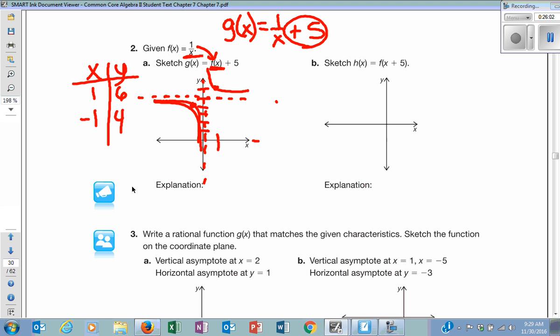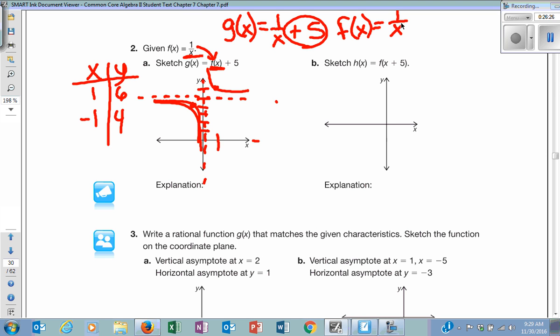This guy is inside parentheses. That means that it's going to move it the opposite way, and it should move everything to the left because it's inside parentheses, 5. Now, here's what this means. Where you have f of x, f of x is just 1 over x.